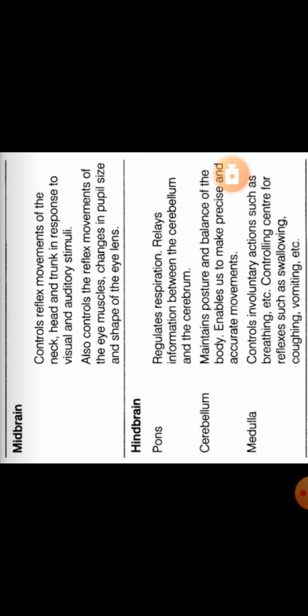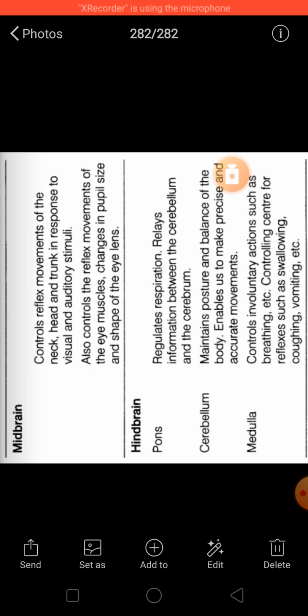So these are the three divisions of the hindbrain.